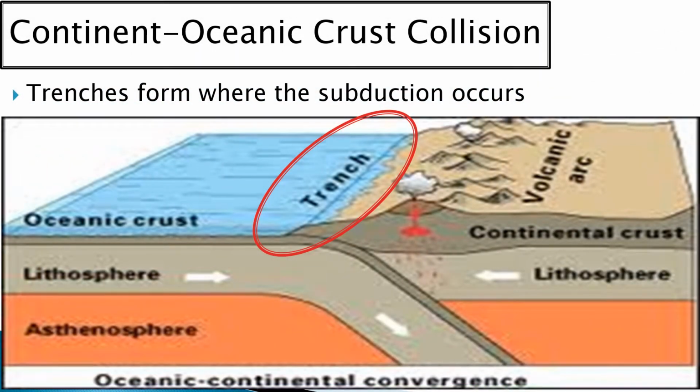So another feature of those subduction zones, as we mentioned earlier, is the formation of trenches. And these are formed where subduction occurs. We can also find very powerful earthquakes from these. The 2004 Indian Ocean tsunami was caused by an earthquake that occurred along a trench.